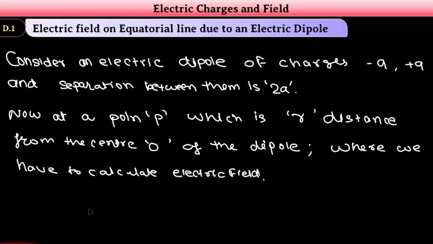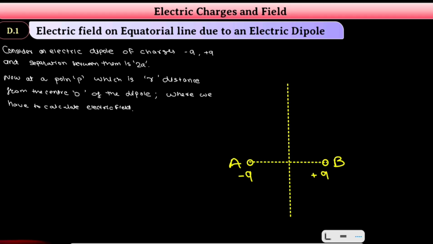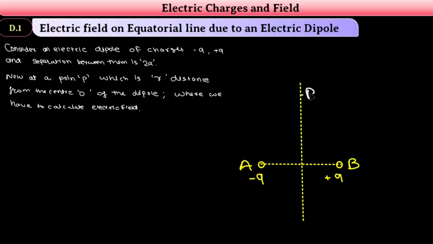So let's draw the dipole first. This is the equatorial line. This is point P where I have to derive the net electric field.